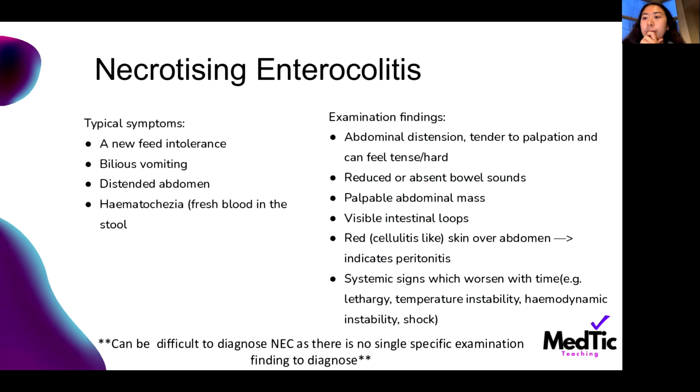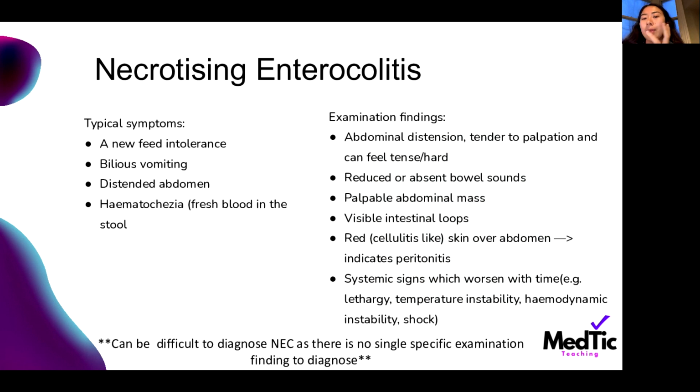In terms of typical symptoms: new feed intolerance, bilious vomiting, which is very important, distended abdomen, and they might have fresh blood in their stool. On examination, again a distended abdomen, which can be tender, reduced or absent bowel sounds, maybe an abdominal mass, visible intestinal loops.